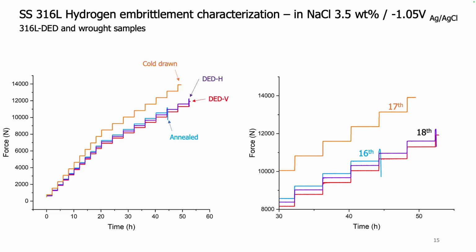In the next slide I'm going to present the hydrogen embrittlement index, but the presentation is a bit of a clickbait, because I mentioned that the DED had a better performance than the cold drawn and the annealed. We need to also consider that the load at which the cold drawn reaches is much higher.